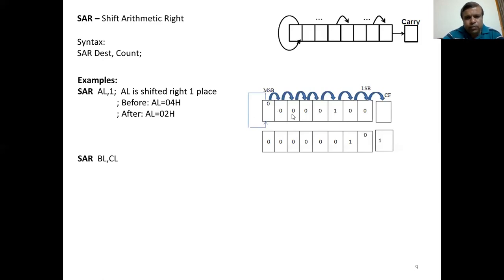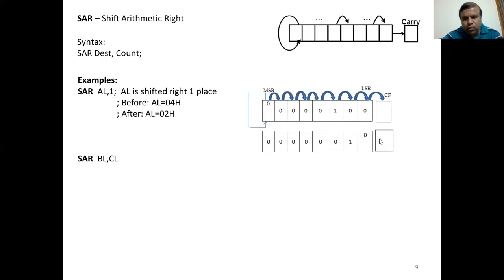If you execute this instruction, you can see that the bits are shifted out of the MSB. So this is the MSB, and the old MSB, which is 0, is copied into the MSB position. This 0 comes here, this 0 comes here, this 0 comes here, this 0 comes here, this 0 comes here, this 1 comes here, this 0 comes here, and this 0 goes out.